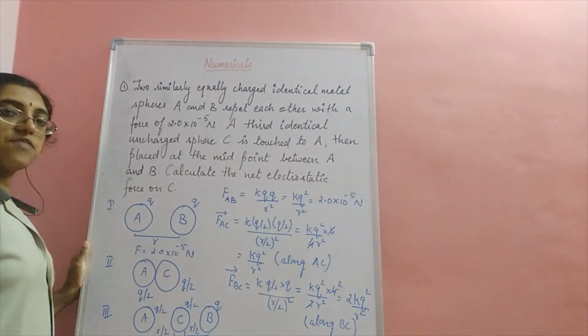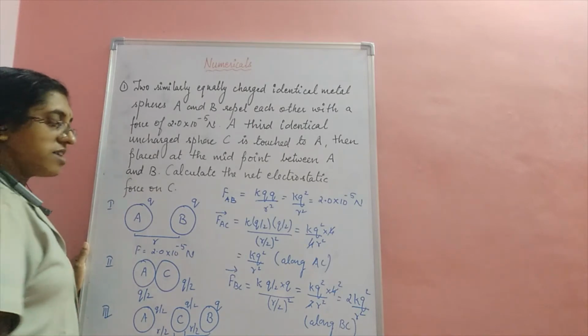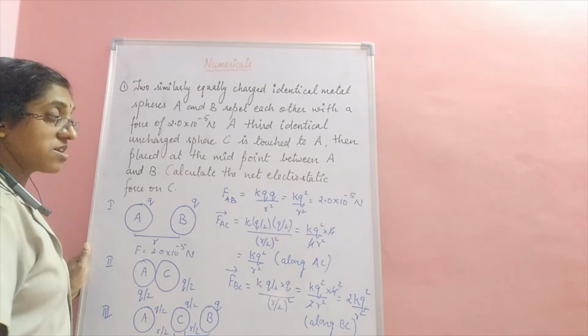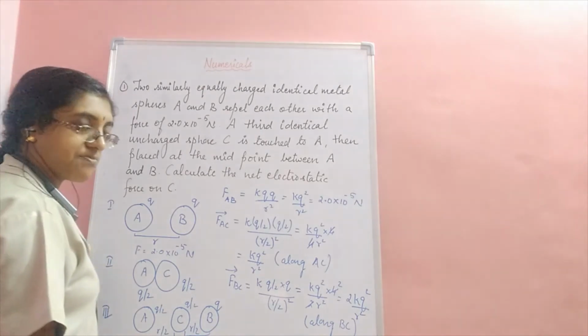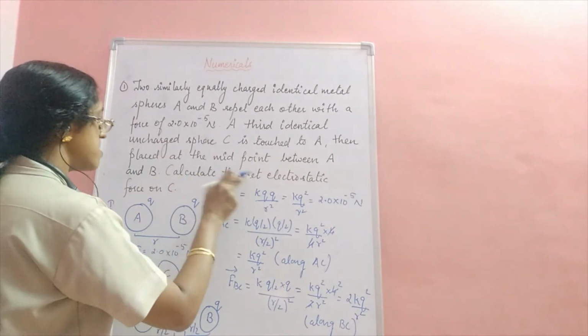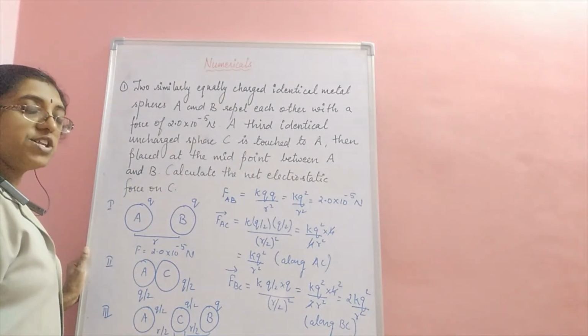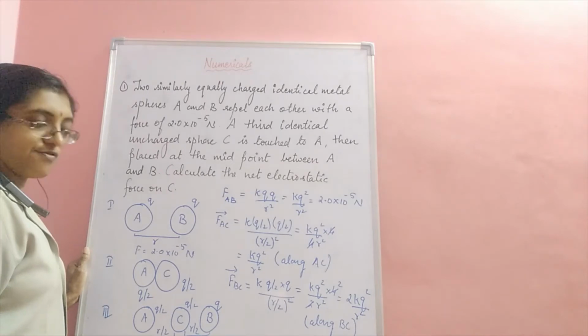Now, you can see from the solution here that both these forces are in opposite directions, but the magnitudes are not the same. Hence, to calculate the net electrostatic force on C, as they are in opposite directions, we need to find the difference of the two forces.